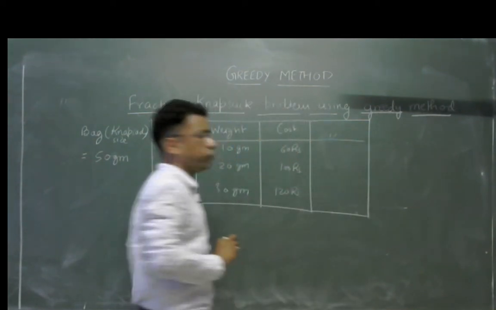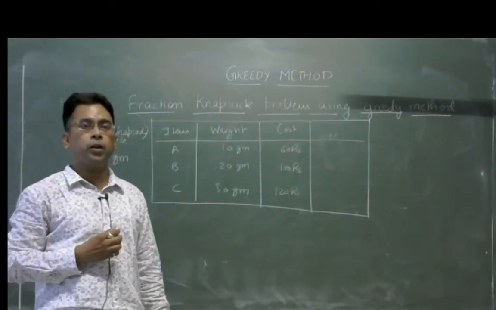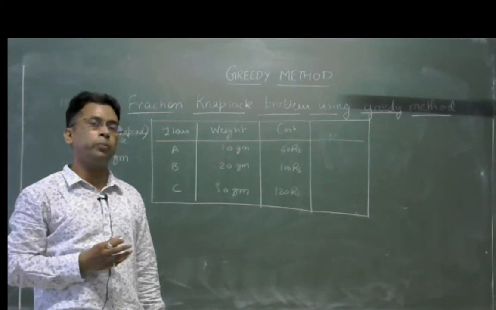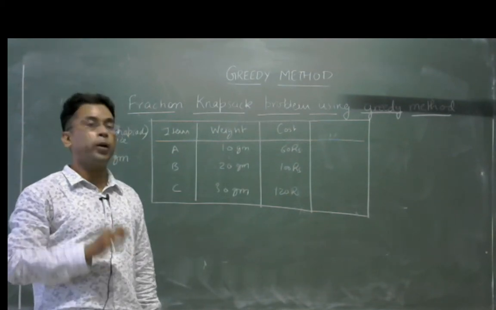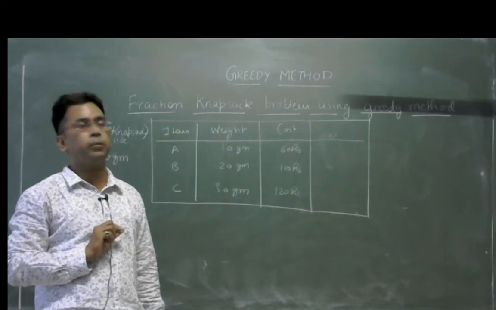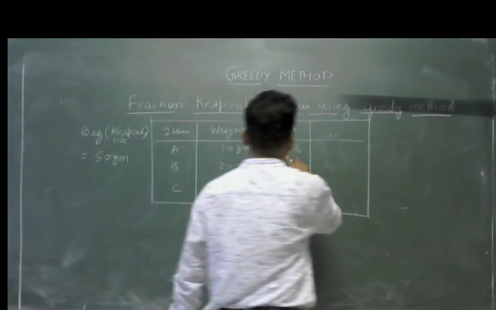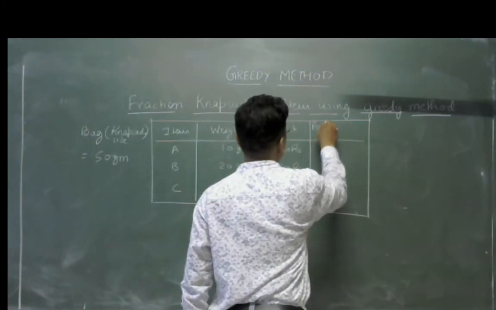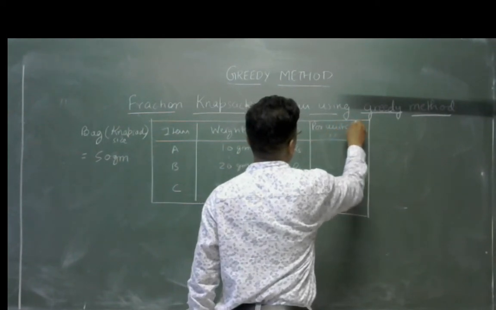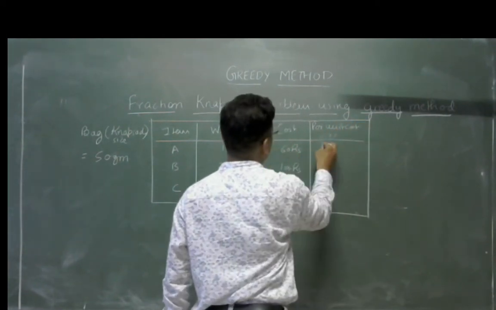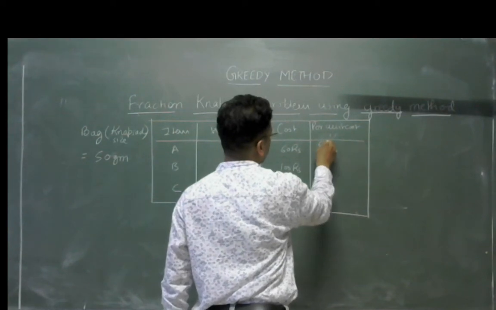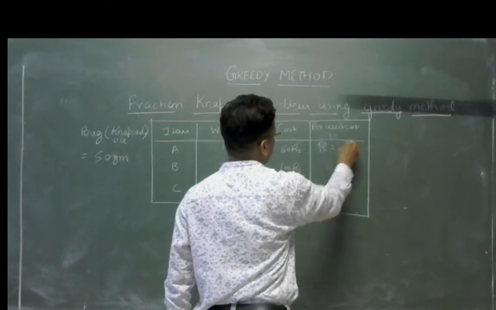For finding out the most valuable item, that item will be the most valuable for which the per unit cost is the maximum. So per unit cost would be 60 by 10 equals 6.